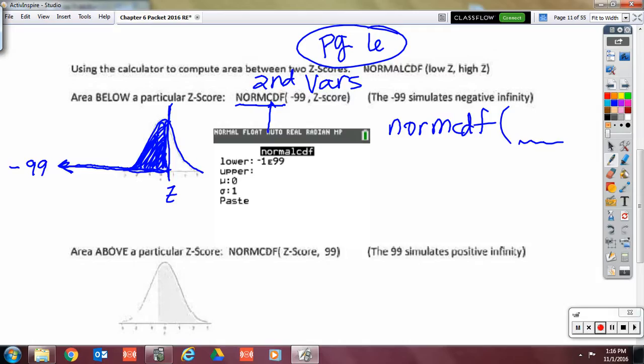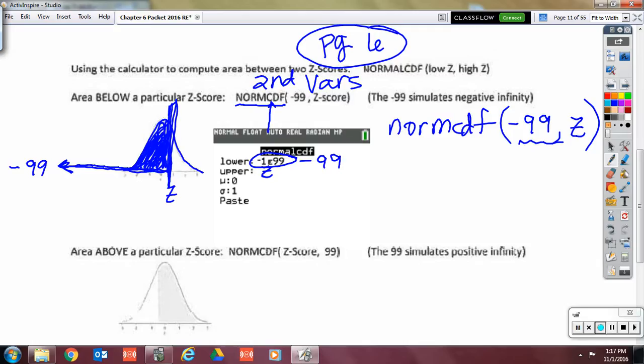You would put negative 99 here for your lower value, and then you would go up to that z-score. That gives you all of this blue area down to negative infinity. You put whatever that z-score is there. In the one that doesn't have a menu, it would be negative 99, comma, then you put the z-score in, and then you calculate that.